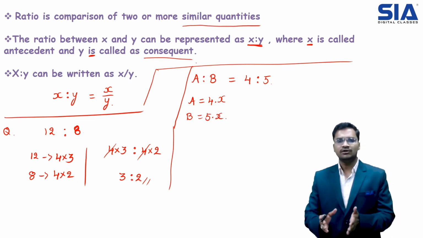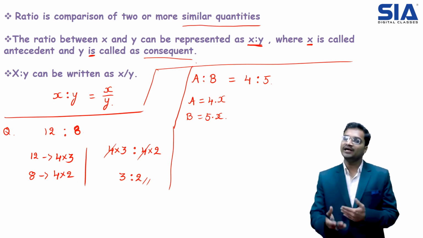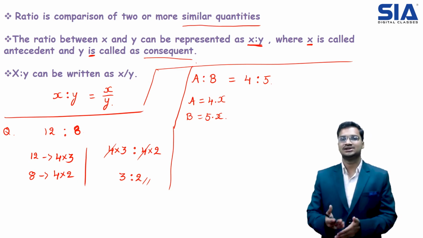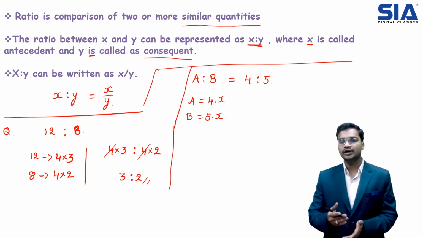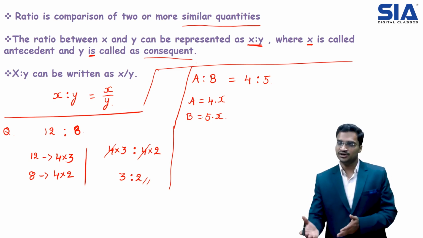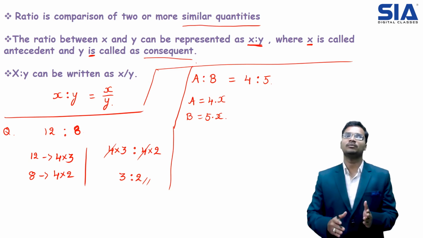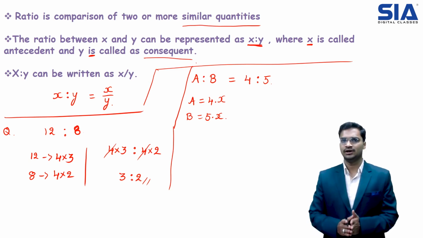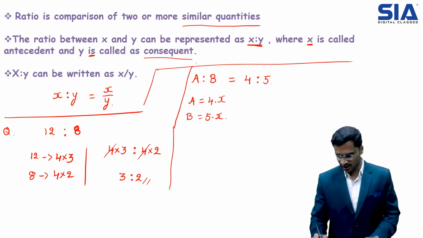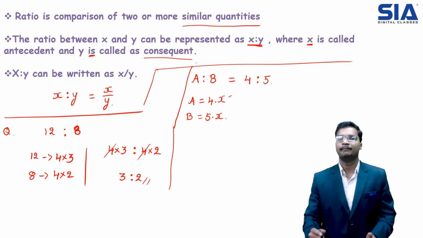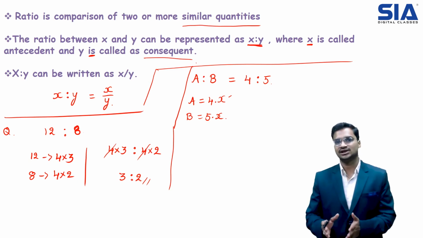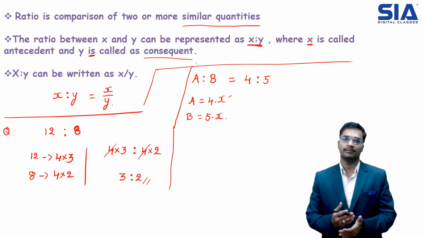Because for finding ratios, we are simply cancelling the common number. So in order to get the actual numbers from the ratio, we have to multiply by that common term. Here the common number is x. So the ratio is 4:5, but the actual numbers are 4x and 5x. So we have to remember this.